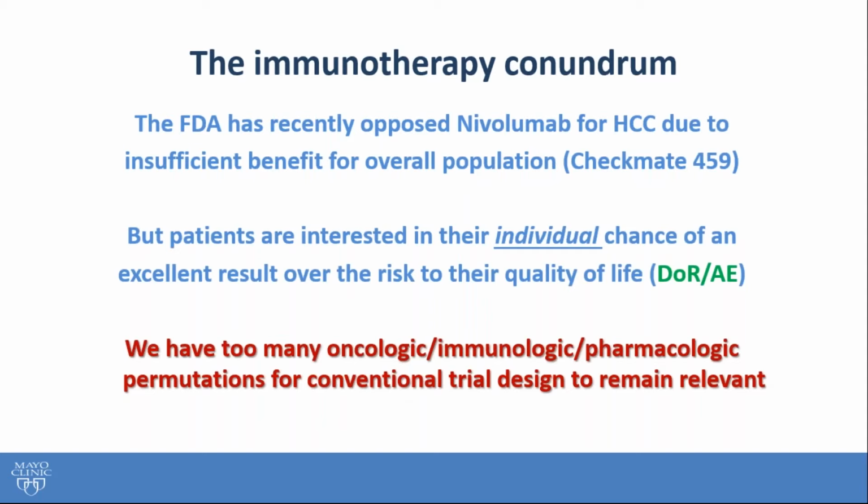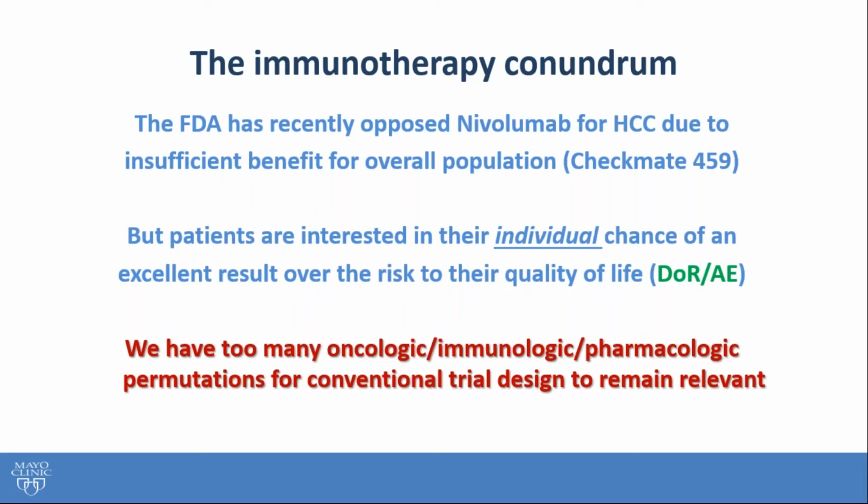And, like Dr. He said, the FDA has recently opposed Nivolumab for HCC because there wasn't enough benefit for the overall population. But certainly we've seen patients who have had just Nivolumab as a standalone therapy that have had durable responses above 4 years. So really what patients are going to want to know is what is my chance of durable response, duration of response, how much is it going to affect my quality of life, or what's the adverse event rate?